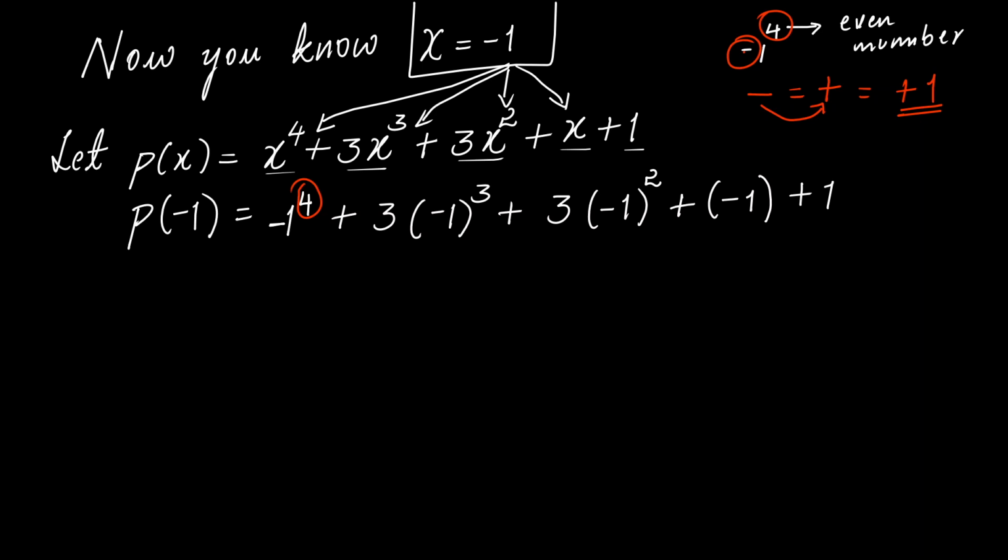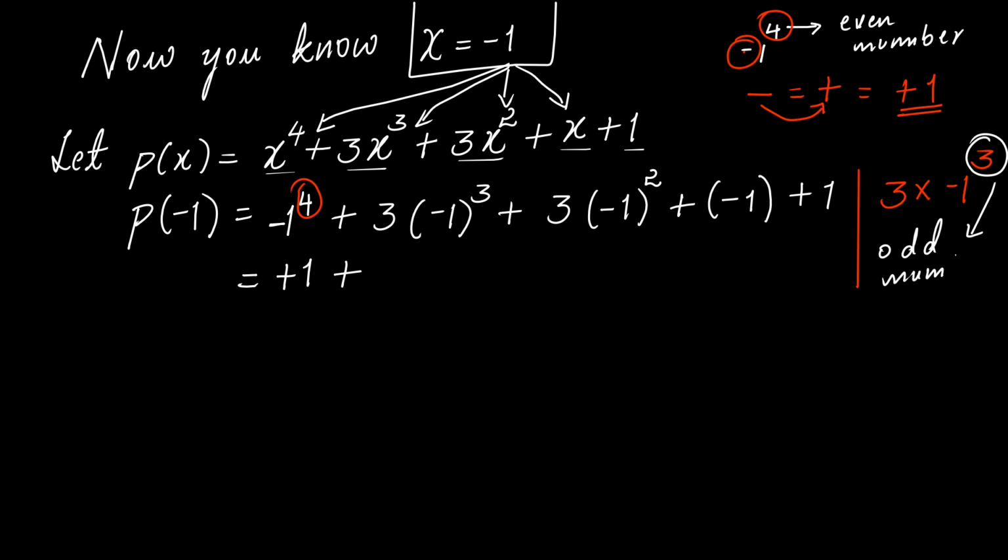Now, let's solve the next term. Here we have 3 multiplied by (minus 1) to the power 3. Here we have an odd number. 3 is an odd number, right? So, whenever you see an odd power, the minus sign will always remain minus. So, you can write directly 3 multiplied by minus 1, because minus 1 into minus 1 into minus 1 is equal to minus 1.